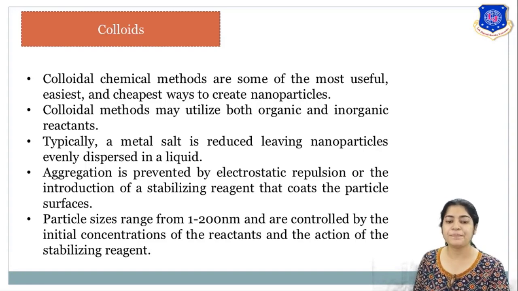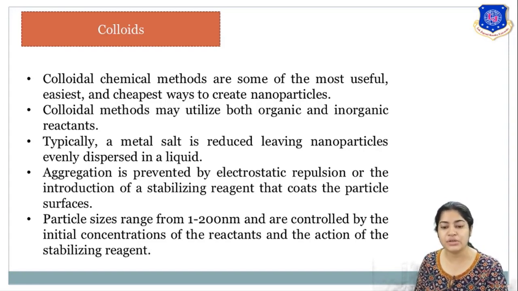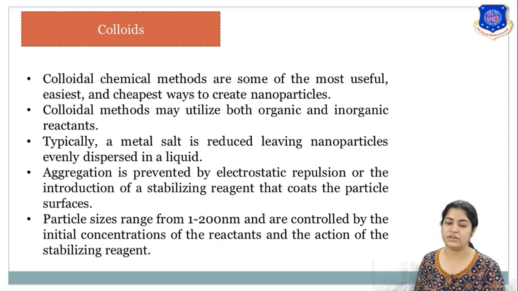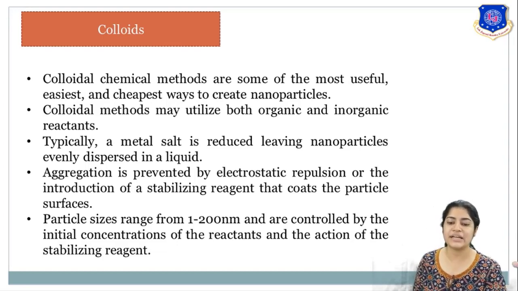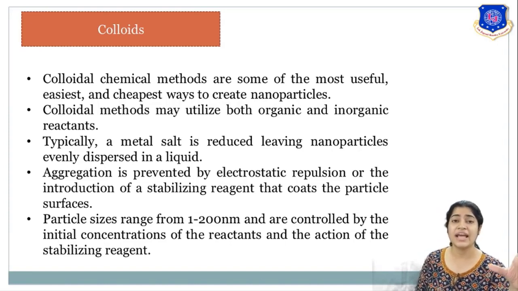So typically a metal salt is reduced, giving nanoparticles evenly dispersed in a liquid, right? Aggregation is prevented by electrostatic repulsion or the introduction of a stabilizing reagent that coats the particle surface. Aggregation means what?